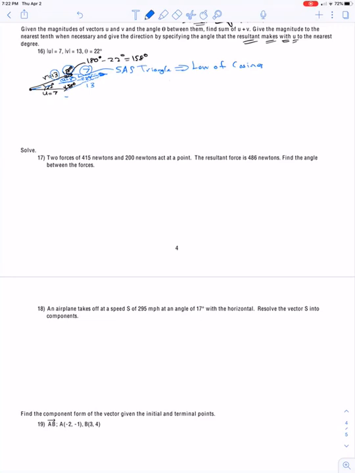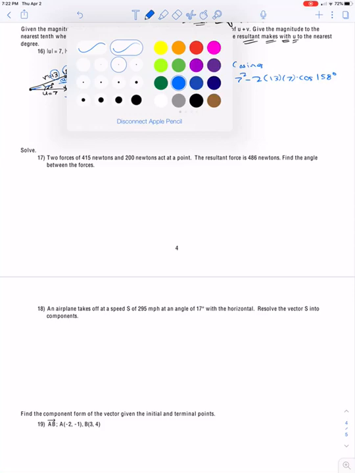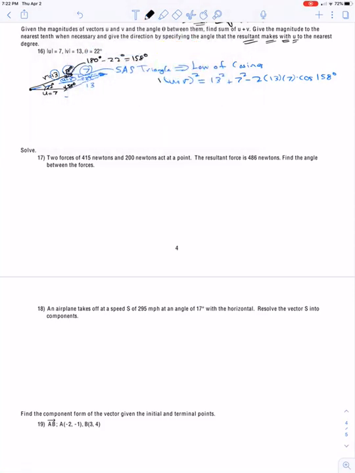So using the law of cosines, as we pick a side, u plus v, the square of that side equals the sum of squares of the other two sides, 13 squared plus 7 squared, minus twice their product, 2 times 13 times 7, times the cosine of the angle opposite, which is 158 degrees. So we've now got our law of cosines stated, and as we take the square root of both sides, we'll get what we're looking for. We'll get the sum of u and v.